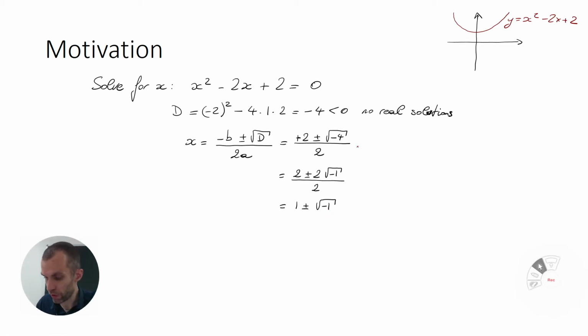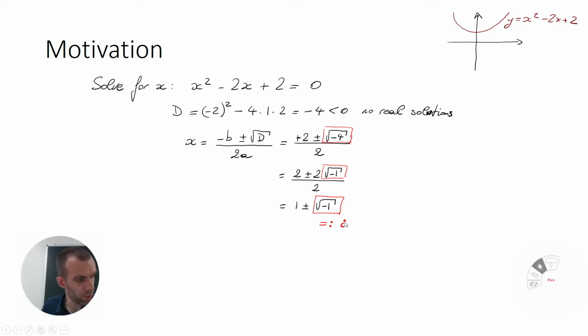So what we've done here is we've dragged along this negative quantity that we took the root of. We had it here, and now we have it here. And this is of course something that we can do in real arithmetic with real numbers. So let's give this a special name. Let's call this i.